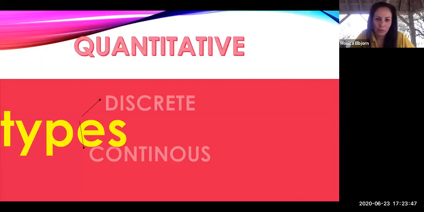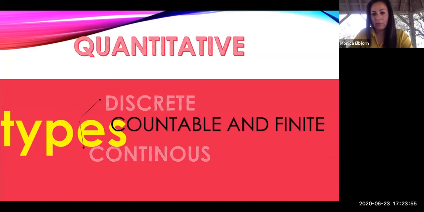In quantitative data, we have two types. It could be discrete or it could be continuous. Discrete data is countable and finite. That means you can count them. For example, if you work on a farm and you have chickens, can you have a chicken that lays 1.8 eggs?